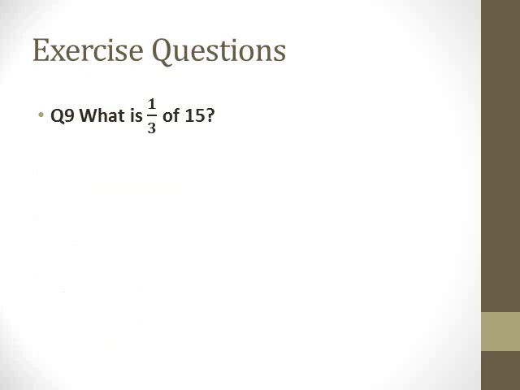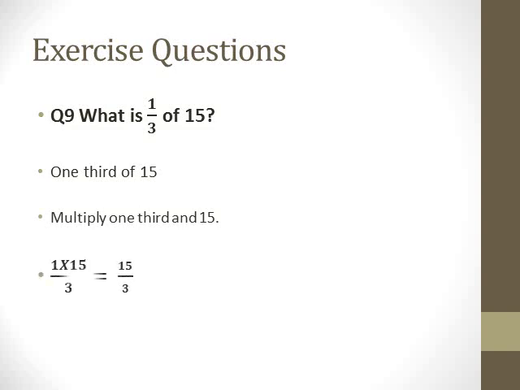The next question is question 9, which is asking what is 1/3 of 15. So you need to do the same things. What you will do first is multiply 1/3 by 15. You are asked 1/3 of 15, so for that you multiply 1/3 and 15. Look at the third bullet, in which I multiplied 1/3 by 15.